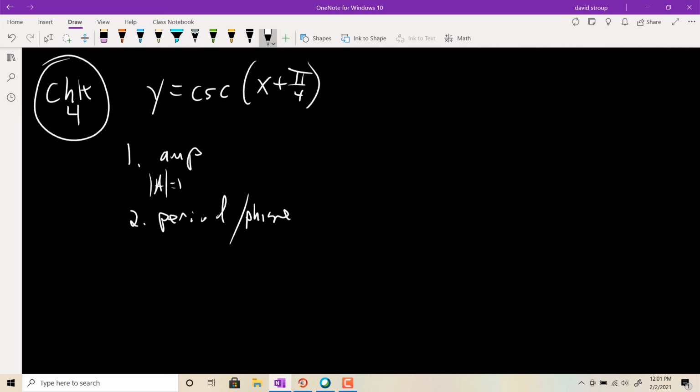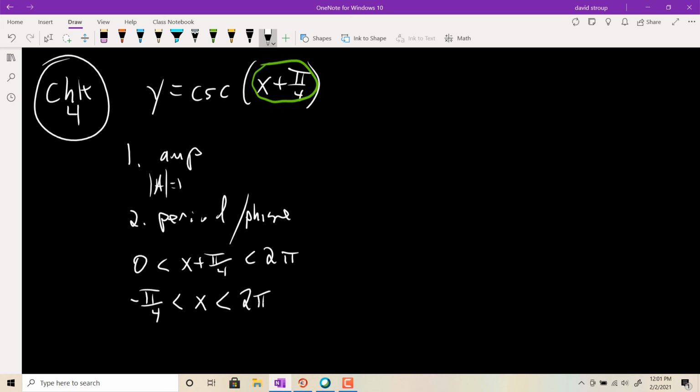In this case, you're taking this x plus pi over 4 and wedging it in between 0 and 2 pi, and then subtracting pi over 4 from all three sides. It seems our phase shift is negative pi over 4. It's our starting place. And the actual period will be 2 pi again.